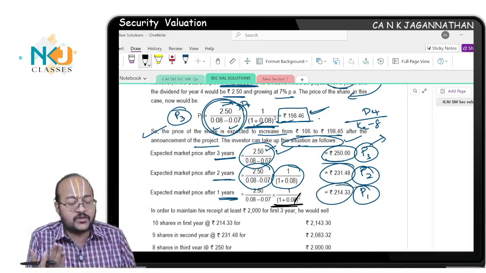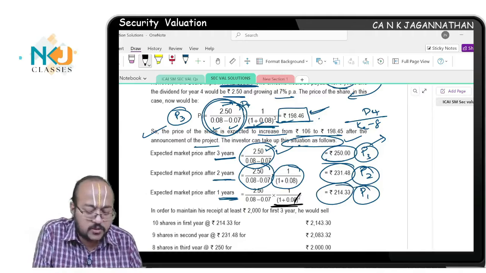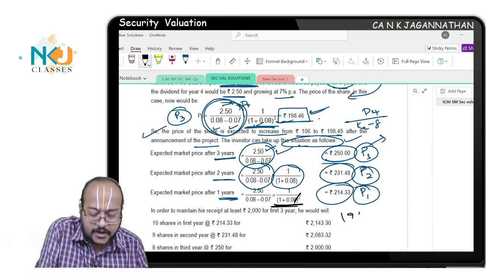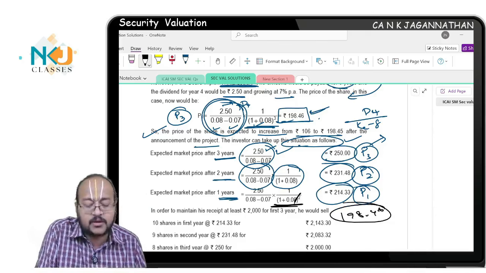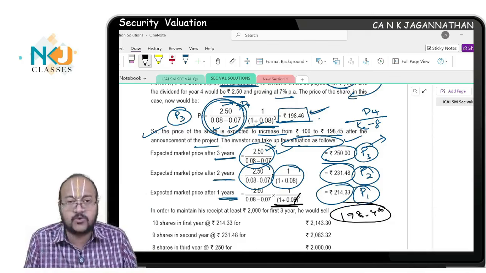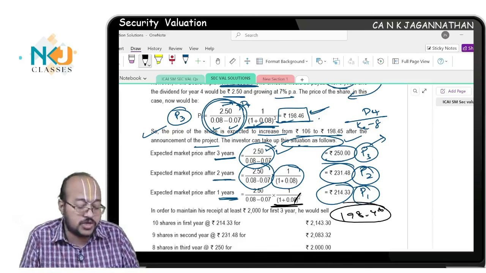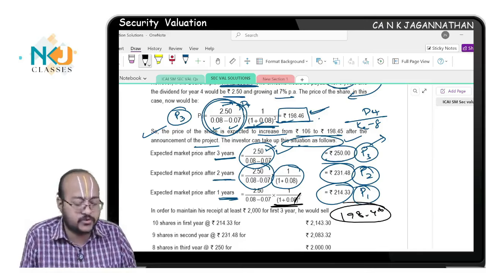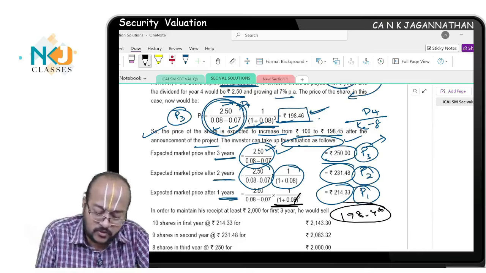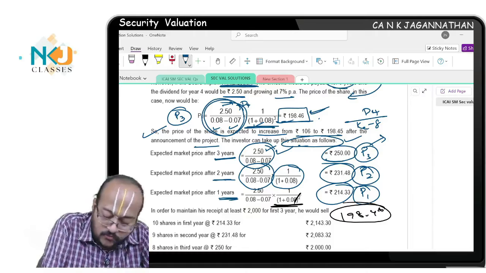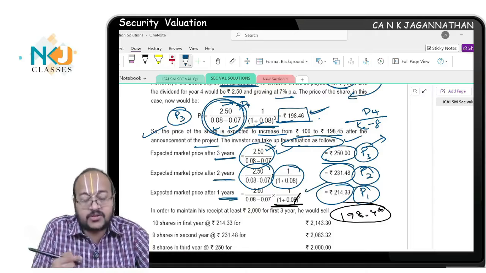You don't need to discount it 2 times. When you discount 2 times, you will arrive at 198.46, that P0. That is not required. You want P1 or P0? P1. So only once you should discount by 1 plus KE, and then you will get 214.33. This is the first year end price.